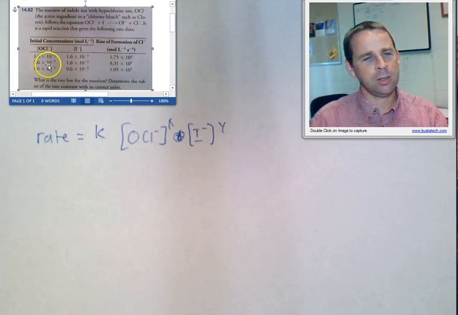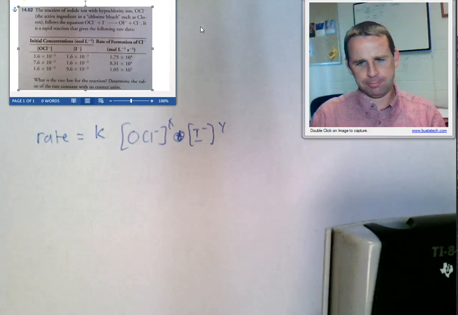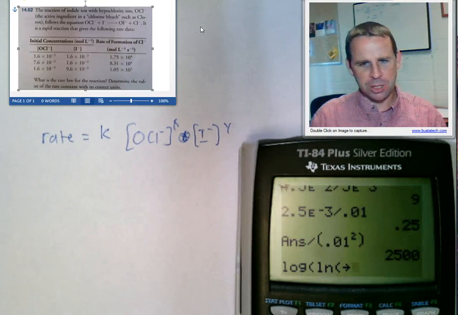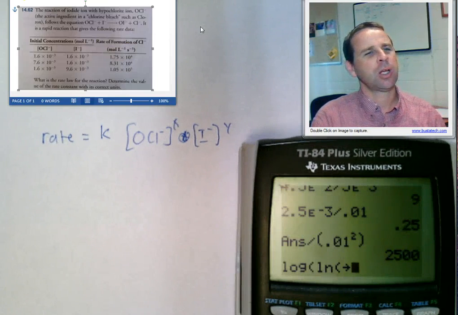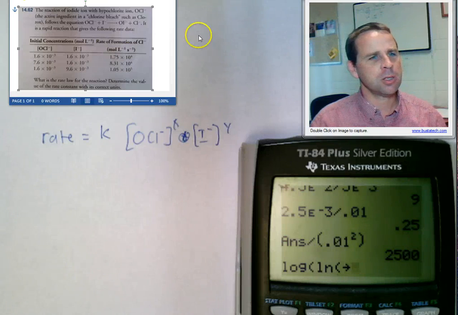You can only do it by looking at the change in rate as we change the concentration. So in this case, I can look at two experiments. First of all, I can look at the first two experiments here. In this one compared to the second one, we change the concentration of hypochlorite ion.